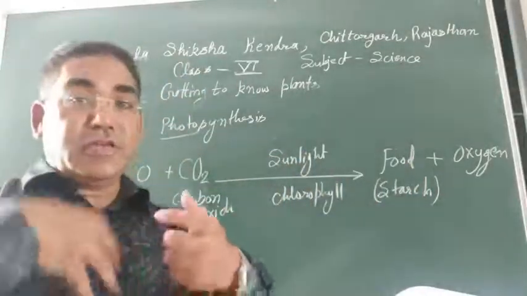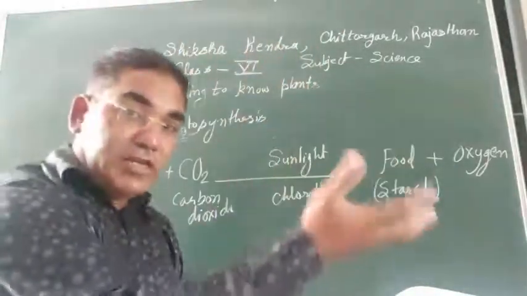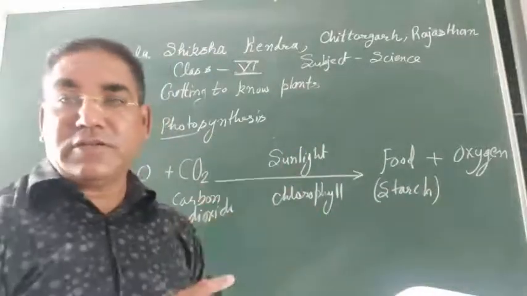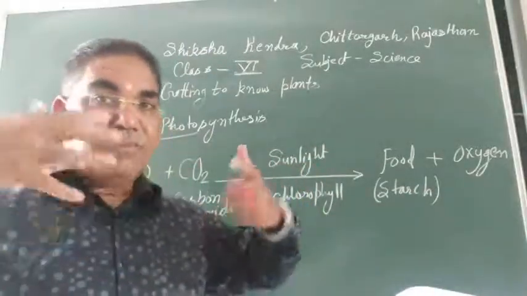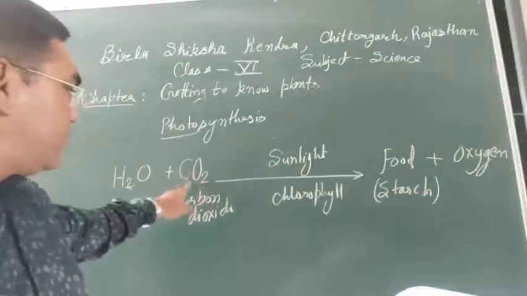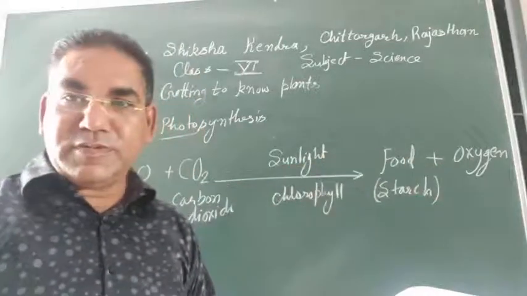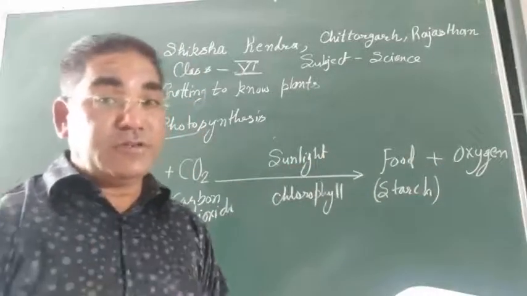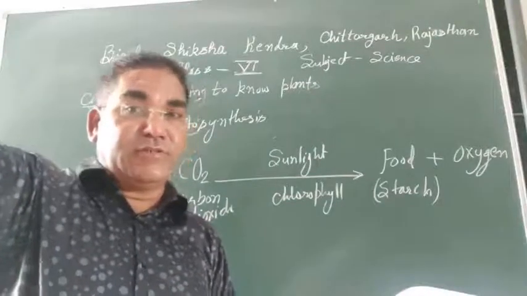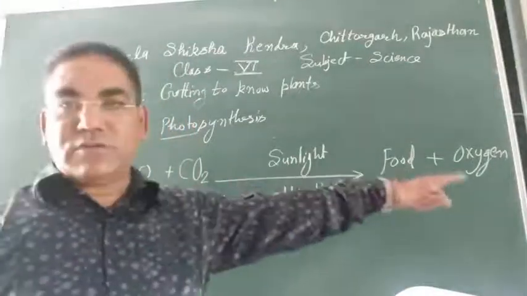We take in oxygen and release carbon dioxide. In this way, plants and animals both are responsible for maintenance of carbon dioxide and oxygen in the atmosphere. Plants release oxygen during photosynthesis and it maintains the oxygen level in the atmosphere. Got it? This process is known as photosynthesis.